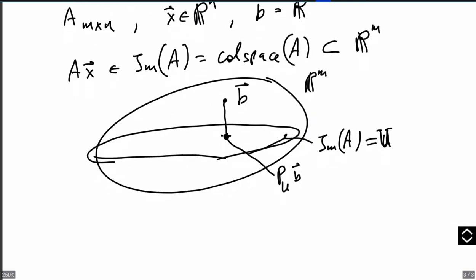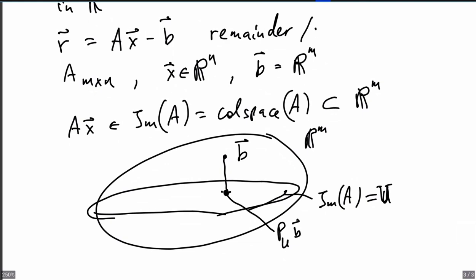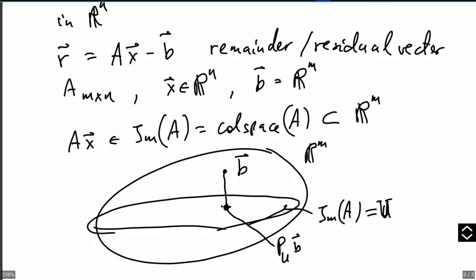By the way, we also have this residual, the other name for remainder is the residual vector. So in the best case, when we have the projection, this residual vector is actually this vector, the vector pointing from b to the subspace.